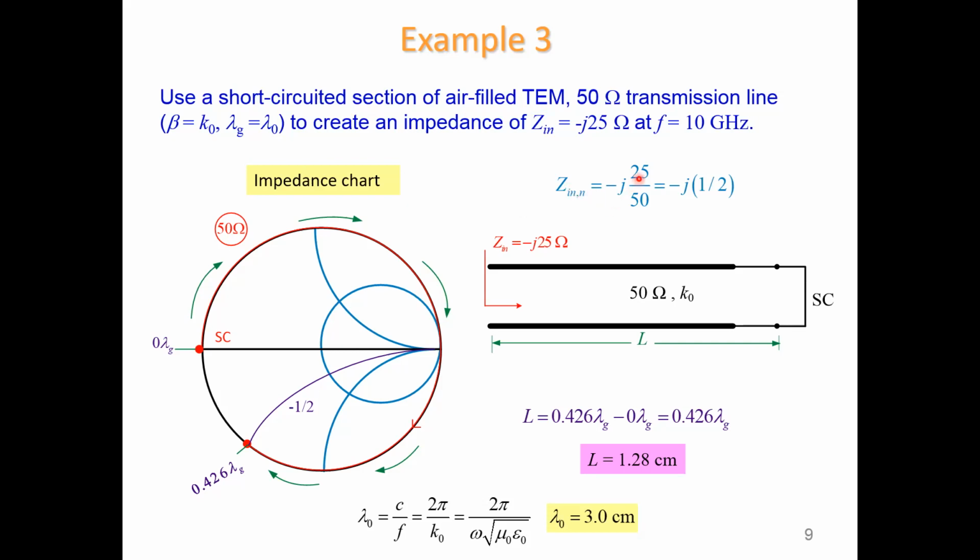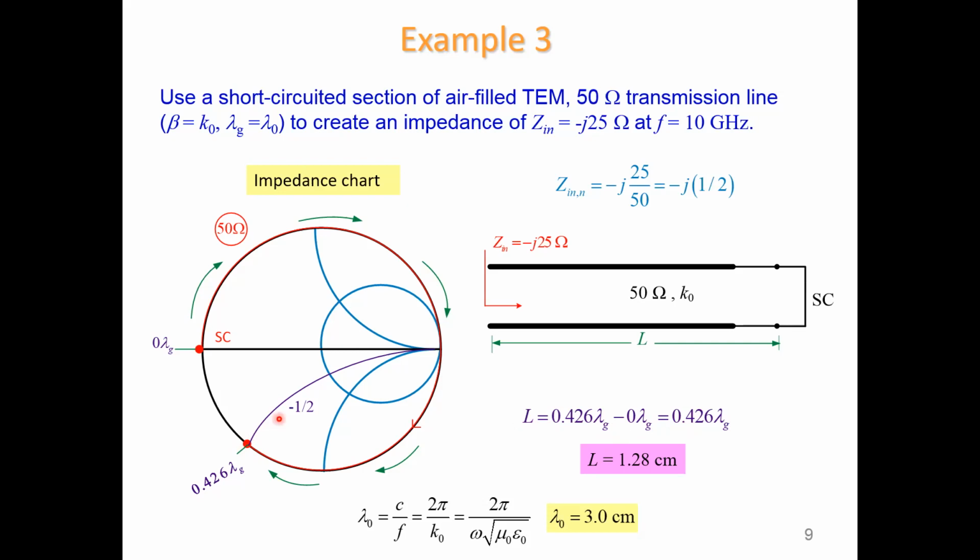Input impedance is minus j of half. So we have to put this one since it is short circuit. So we have to put this value. This circle will be there, and the value is 0.426 lambda g, that is your point.